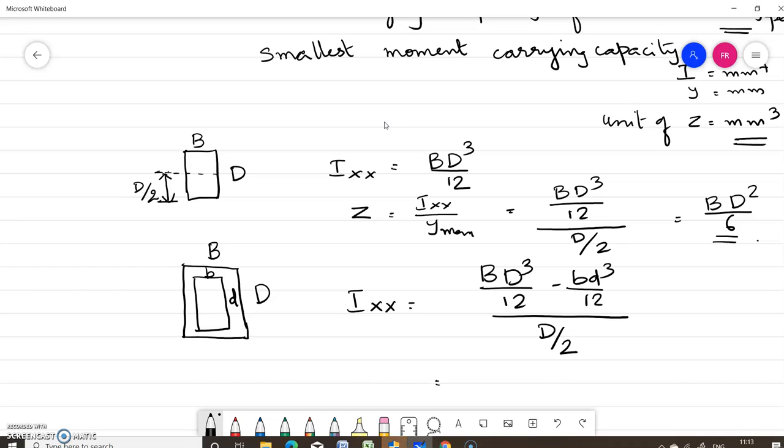So you will get the equation for Z as 1 by 6 into B D cube minus small b d cube, divided by D.